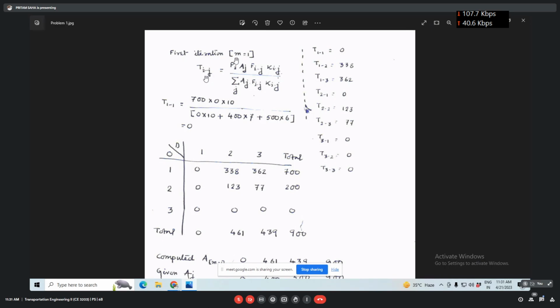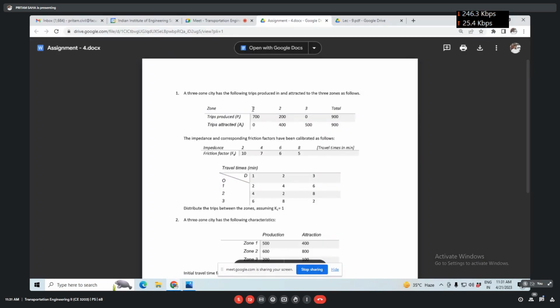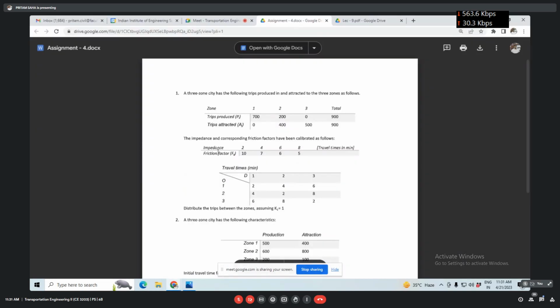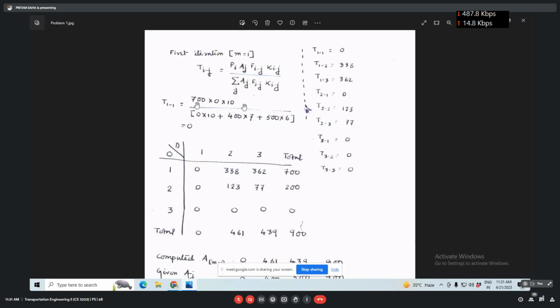Now let us come to the problem. Pi is what? The production for zone 1. If we are going to determine T11, T11 means production for zone 1 and attraction for zone 1. Attraction is 700, production is 0, so we have written 700 multiplied by 0.